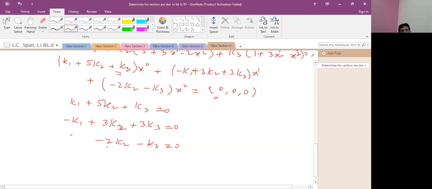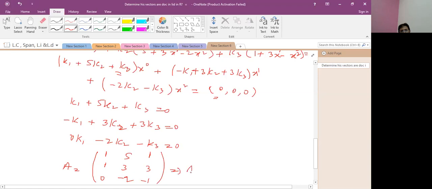So student, we will make a coefficient matrix with the help of these equations. What is the coefficient matrix? Coefficient of k1 is 1, minus 1, 0, which means it has no value of k1. So we write here 0, 5, 3, minus 2 for k2 and the coefficient of k3 is 1, 3, minus 1.